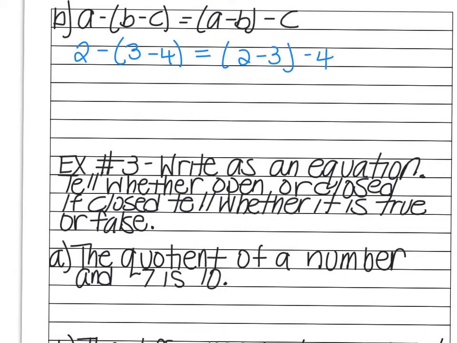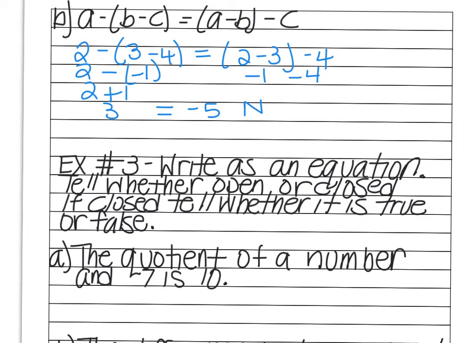Following order of operations, 2 minus minus 3 means we're adding 3, so I get 5 on one side. On the other side, 2 minus 3 is negative 1, minus 4, so I end up getting negative 5. So 3 does not equal negative 5, so that's a no. That means it's conditional. It depends on what you plug in whether or not you will get the same answer.